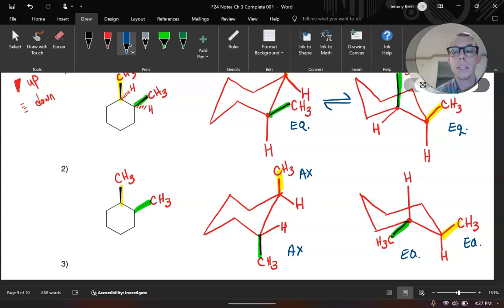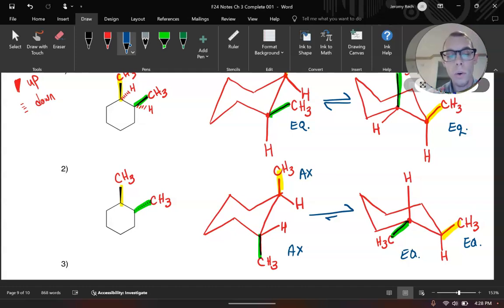Now, if I consider the stability of these two, my one on the left has two axials, which are both going to have 1,3 diaxial interactions with the hydrogens that are not drawn, whereas on my second one, I have both of my big groups in the equatorial, and that is going to be way more stable. So in terms of my arrow, I'm going to draw one that's pushing way longer towards my double stable one, and much shorter towards my double unstable one.